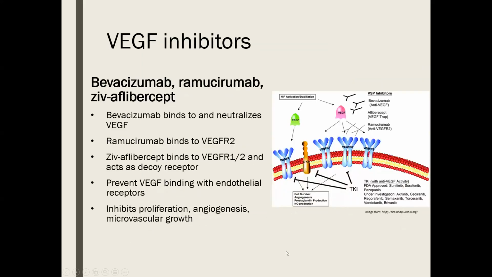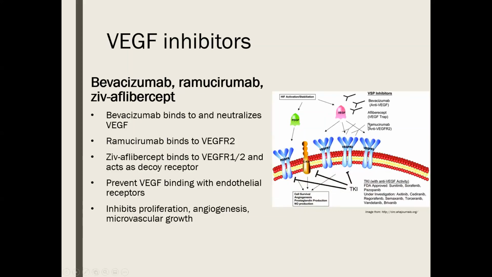Moving on to the VEGF inhibitors, we've got 3 prominent ones in the class: bevacizumab, ramucirumab, and ziv-aflibercept. Bevacizumab binds and neutralizes VEGF, so it is going after the ligand to the VEGF receptors.